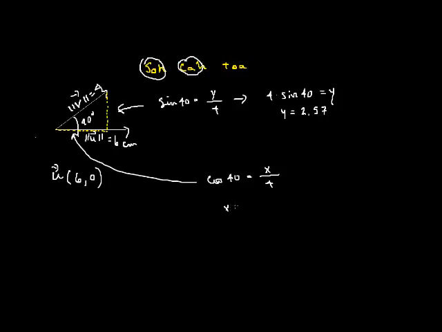And so x equals 4 times cosine of 40. And x equals, with the calculator, 3.06, giving us components of v, 3.06, comma, 2.57. So here you have it, the components of u and the components of v.